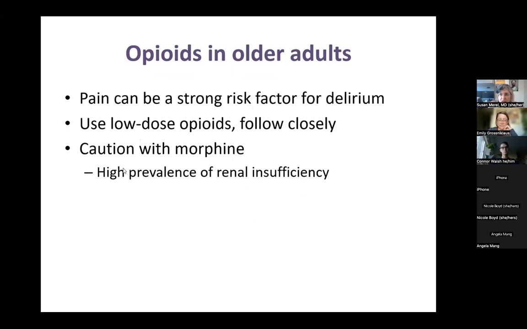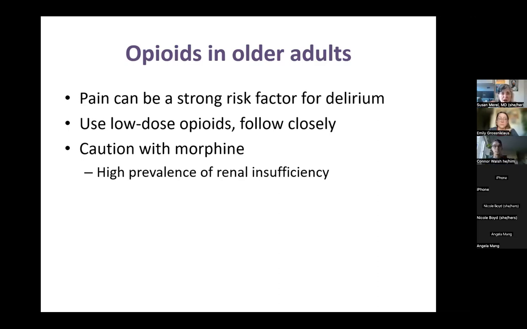In terms of her sign out, somebody said, avoid CNS active medications. That is correct. And opioids are CNS active. But pain can also be a strong risk factor for delirium. And if an older adult is in too much pain to get out of bed, bad things happen, right? They lose function. They end up in a nursing facility when maybe they wouldn't have ended up there otherwise.